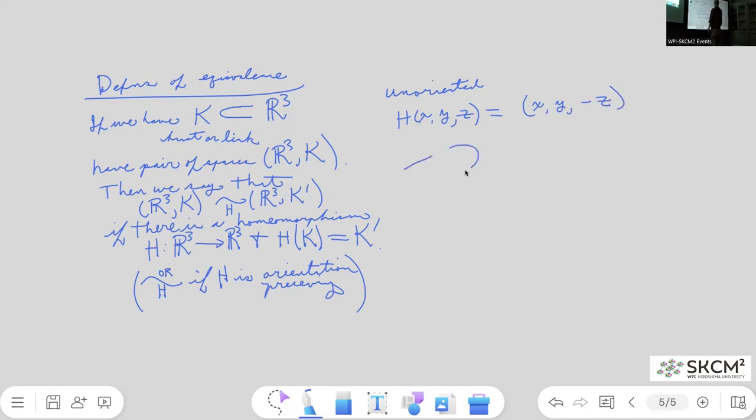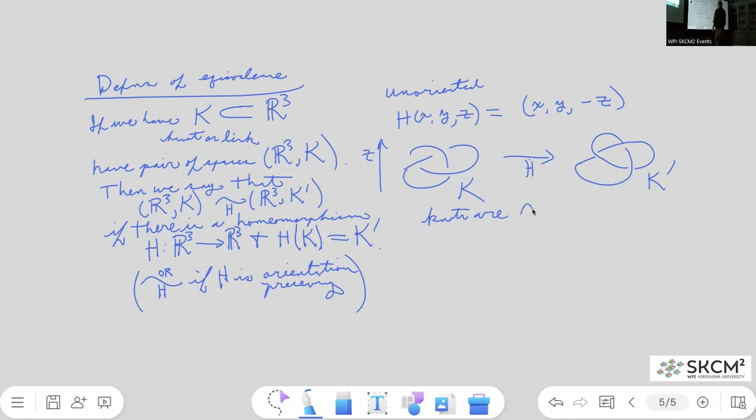And then if you had a knot like this, and I'm thinking of the Z direction going up that way, then under H that would change this direction, and you would end up with a mirror image. So knots are equivalent by homeomorphism, not oriented, to their mirror images.